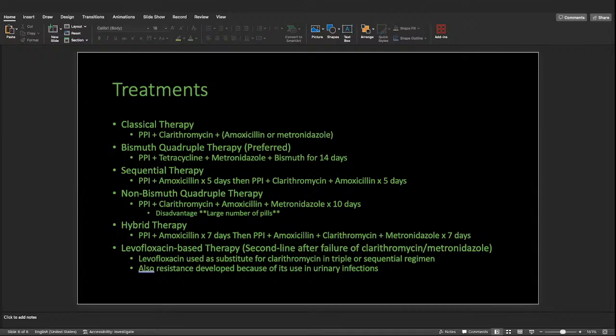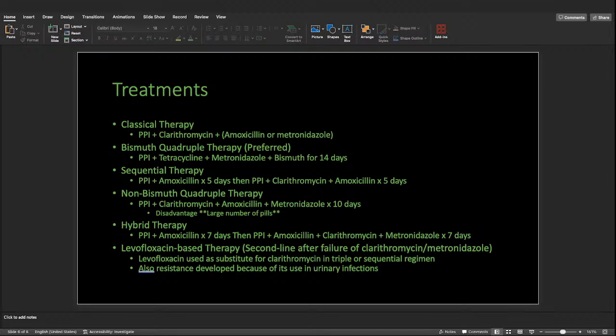There have also been other studies where you would do sequential therapy, which is PPI and amoxicillin for the first 5 days, and then PPI, clarithromycin, and amoxicillin for 5 days. That would be a 10-day treatment. And then there is non-bismuth quadruple therapy.